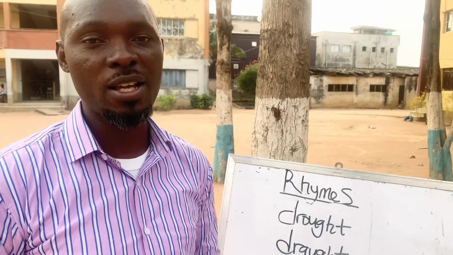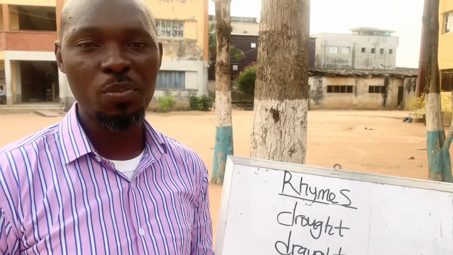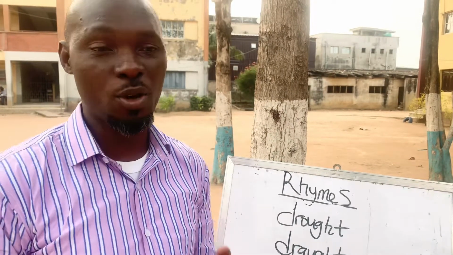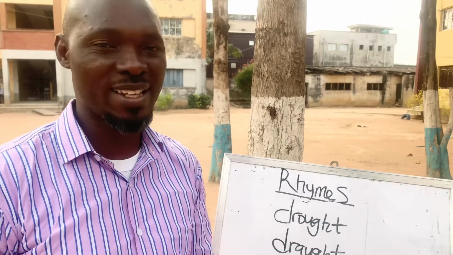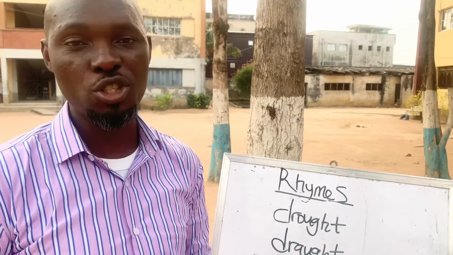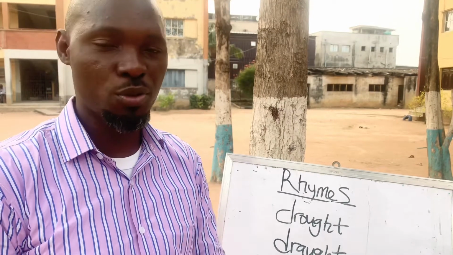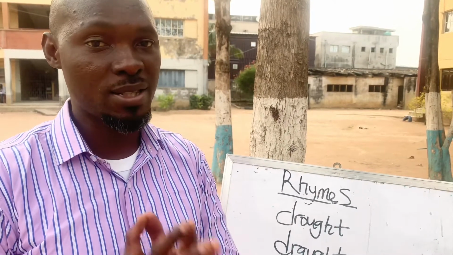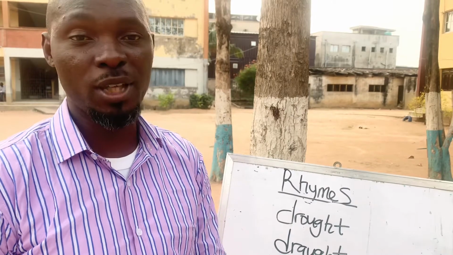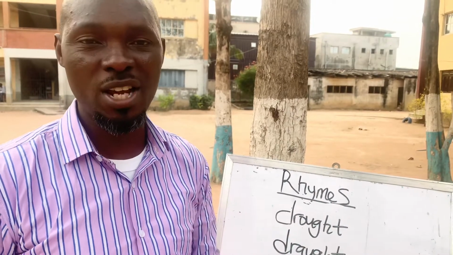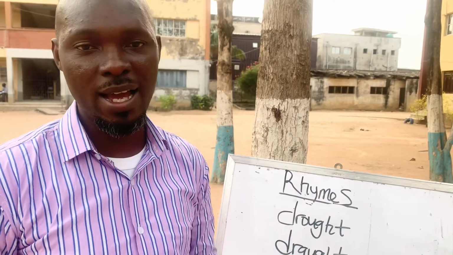And second, students should also pay attention to the sounds that come towards the end of the words. They should not pay attention to letters, but sounds, okay? And don't forget, sounds and letters in the English language to a far greater extent are different.